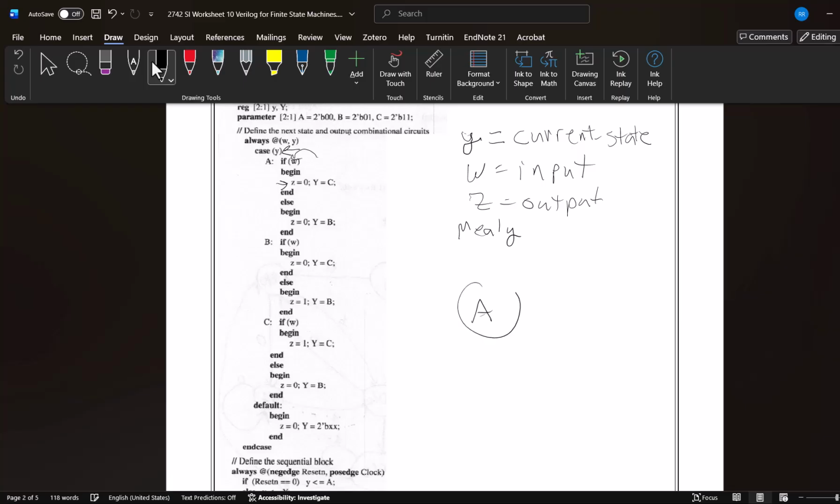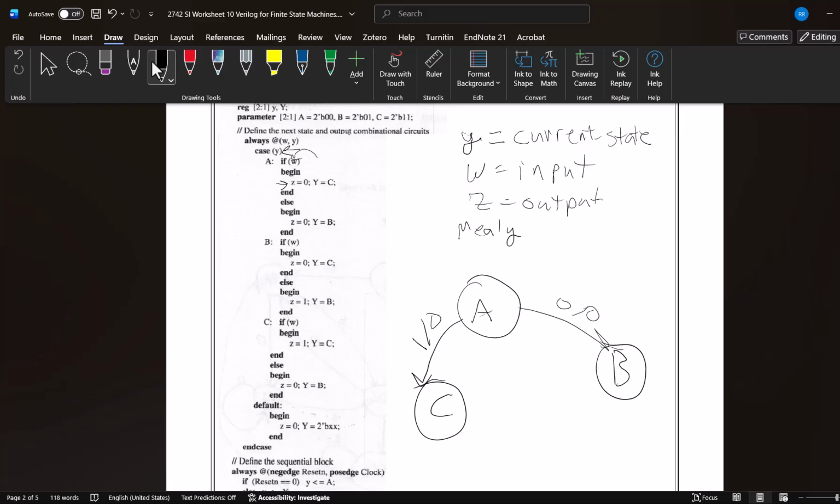And we have A, B, and C. If W is 1 from A, our next state is C, and our output is 0. And if W is 0, our next state is B, and our output is 0.